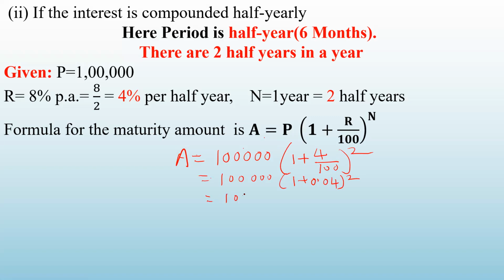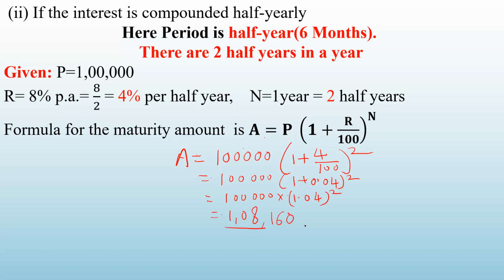So 1 lakh into 1.04 square. When you calculate this, 1.04 square multiplied by 1 lakh, you will get 1 lakh 8,160.